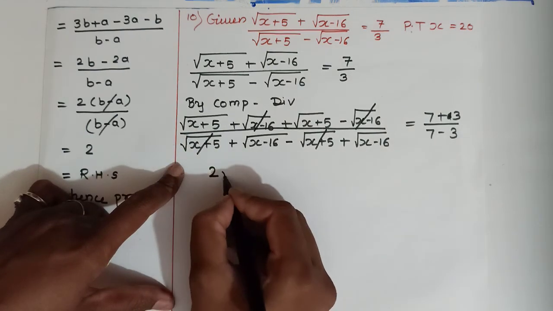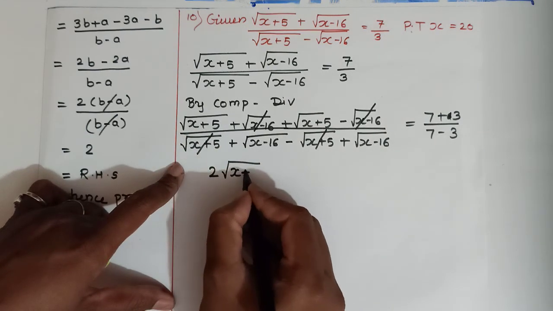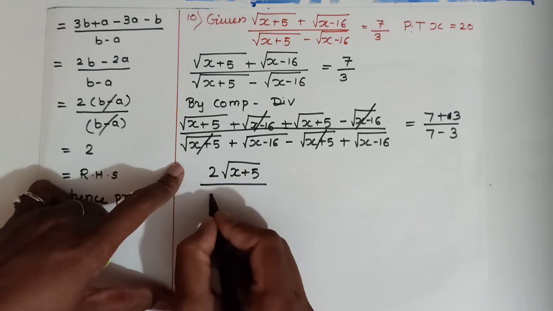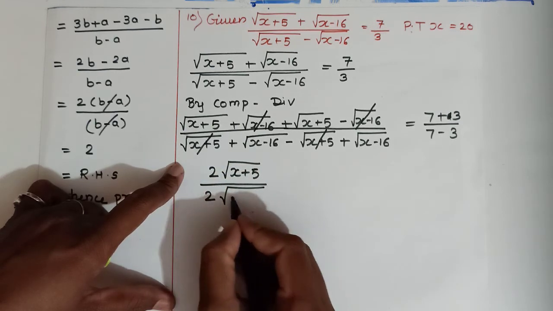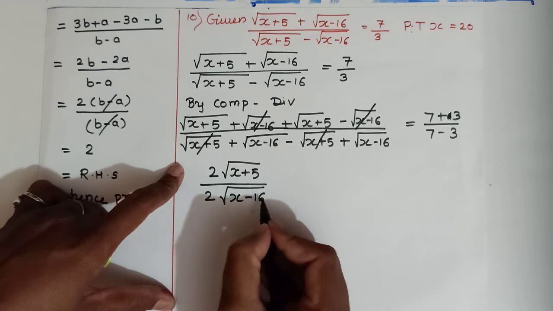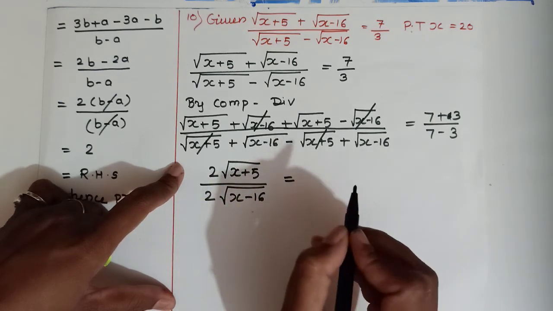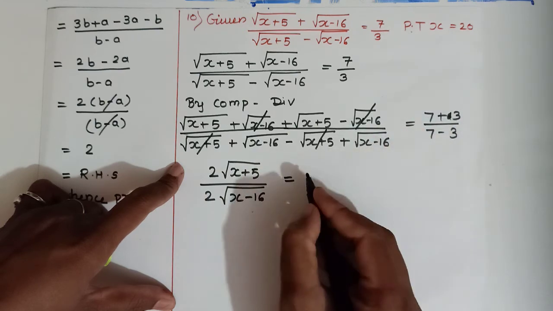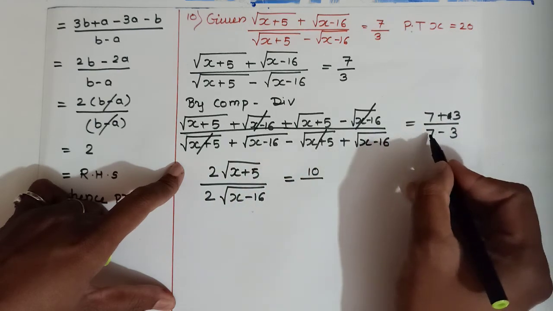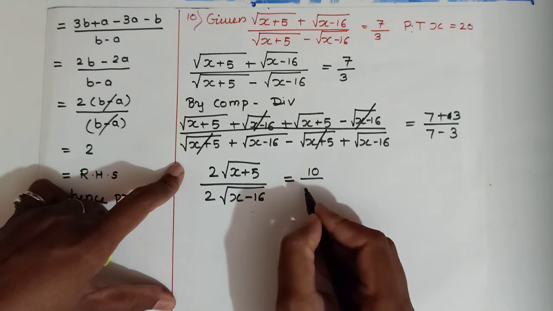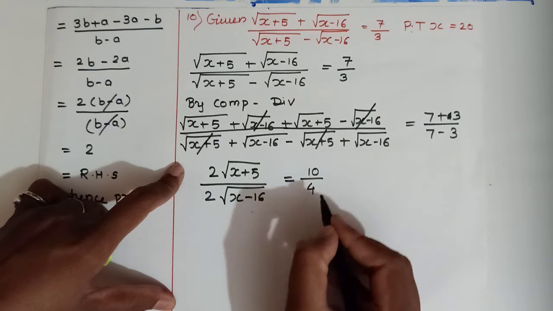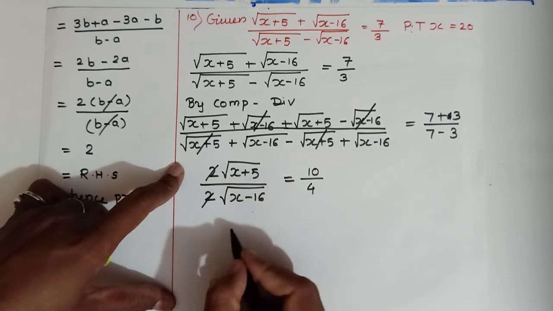So what we have with us is twice under root x plus 5 divided by twice under root x minus 16. You can see within 2 steps the problem is now simplified. 7 plus 3 is 10, 7 minus 3 is 4. This 2 and this 2 cancel.